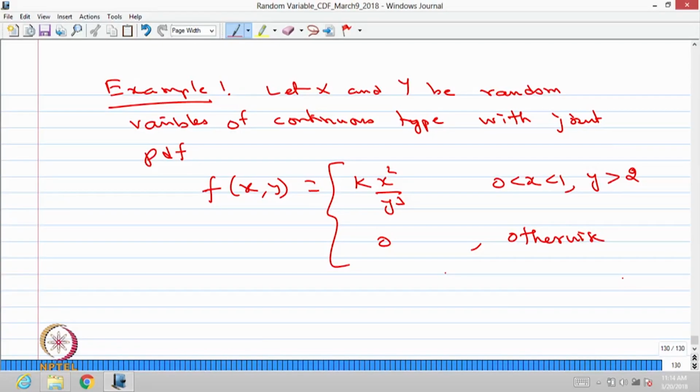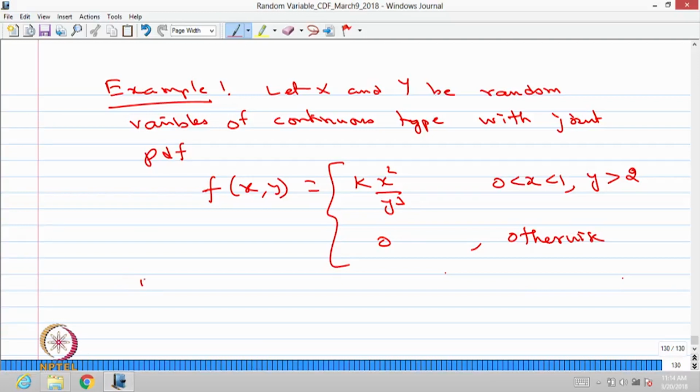Now, since I have written a constant times x square by y cube, first you have to find what k is, such that the given function of the two variables is a joint probability density function. After that, you have to find some more results.